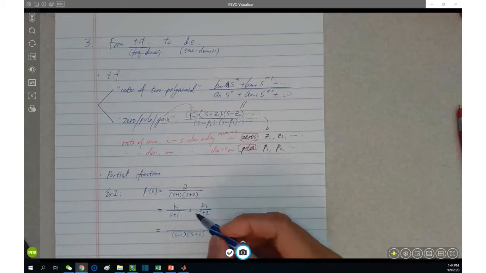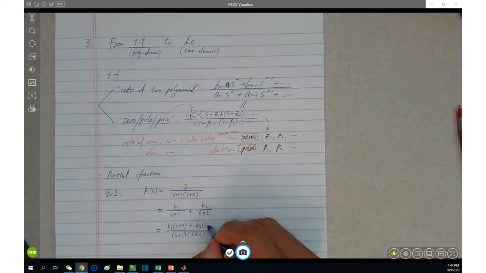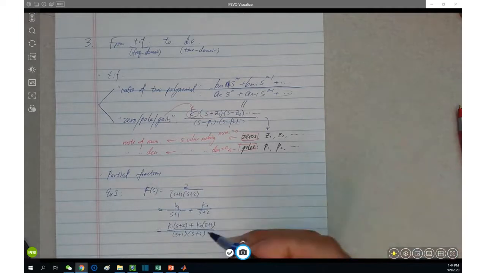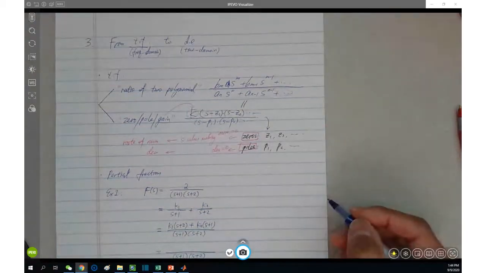The numerator is going to be k1 times s plus 2, plus k2 times s plus 1. Does this make sense? Or is it the same as what you learned before? If so, we can move on.